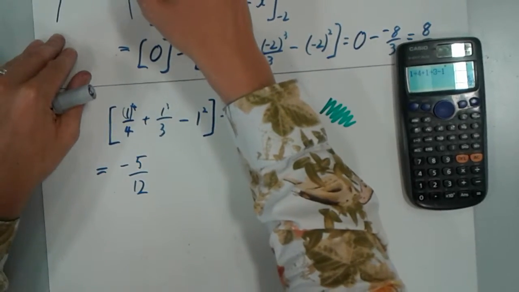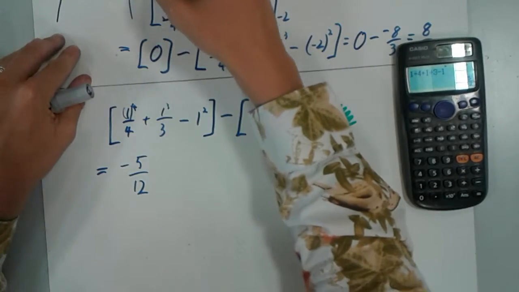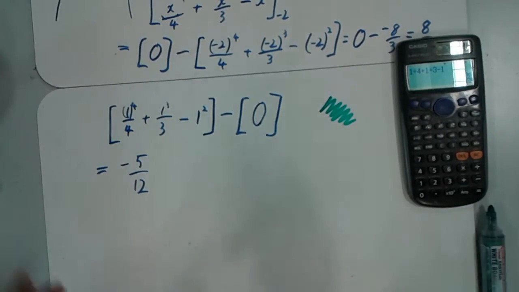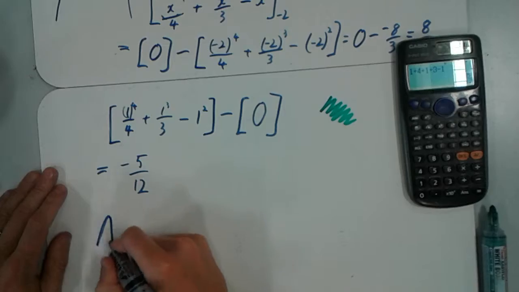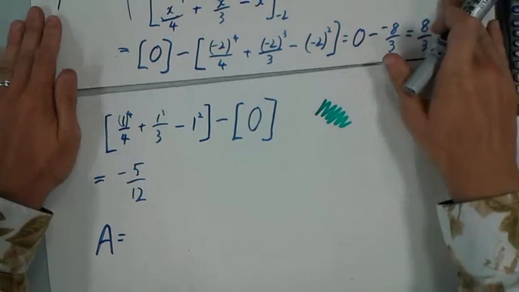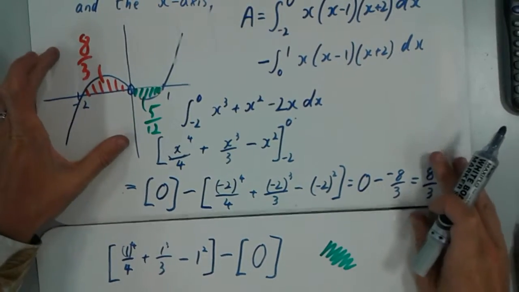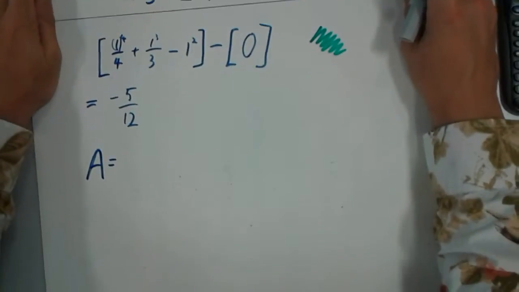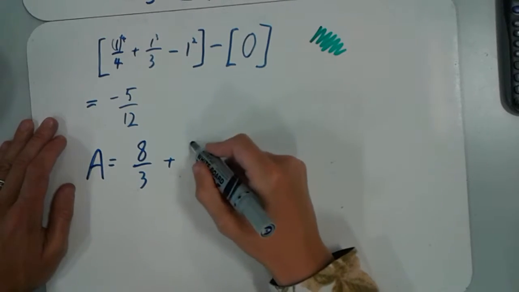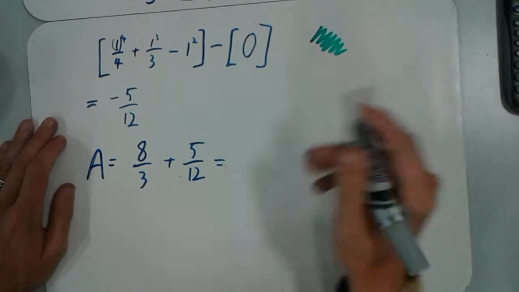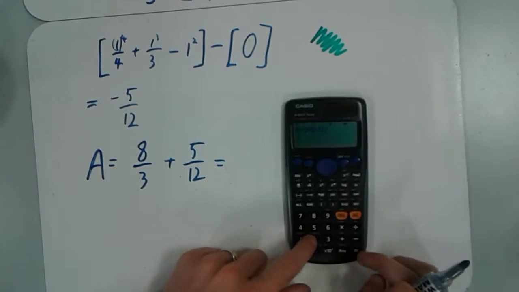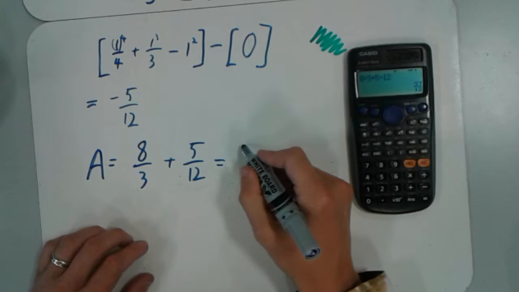So this area here, remember area, not the value of the integral, is just 5/12. Final step, if I want my area that I was originally asked for, I just need to add these two areas together. Sorry if I went off the screen earlier. 8/3 plus 5/12 is equal to 37/12.